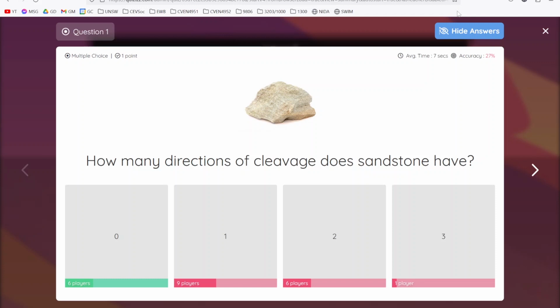So although sandstone might be formed in bedding layers like this, and you can see the patterns on it, if you split it in half like that, it's just going to look like that. It's going to be bumpy. It's not going to be a particular plane of weakness or anything like that. So cleavage is about the break, right?